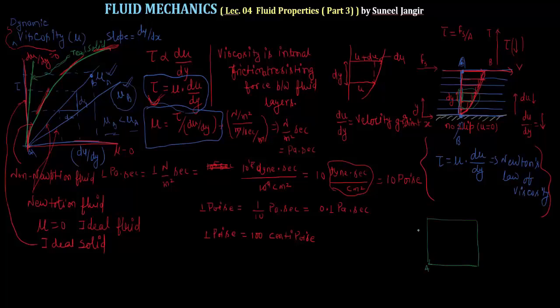This is A, this is B, this is C, this is D. At AD the velocity is U, at BC the velocity is U plus du, and the distance is dy.